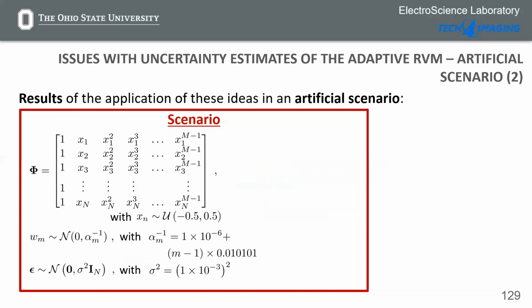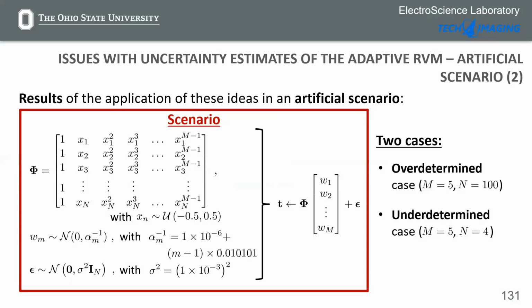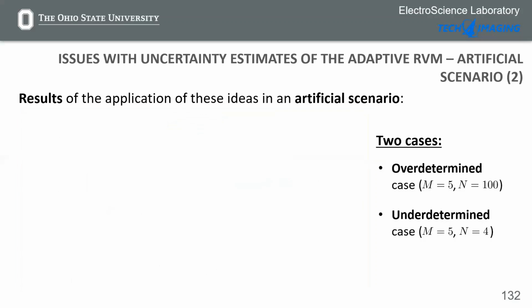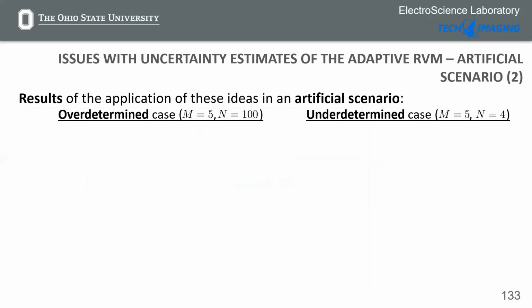So this is the scenario that we use for this test, and we evaluate two cases. One is overdetermined, where we have 5 unknowns and 100 data points, and the other is an underdetermined case where we have 5 unknowns and 4 data points.